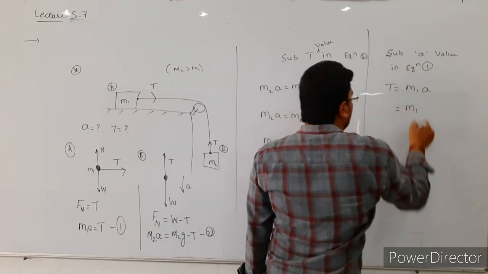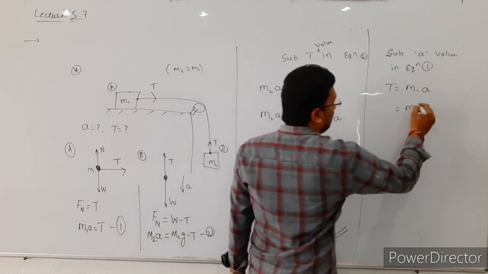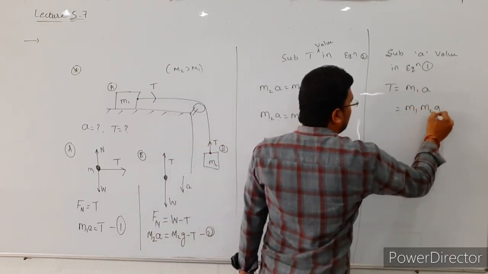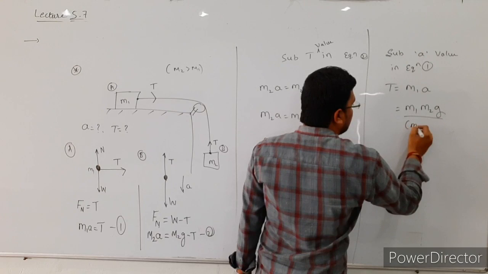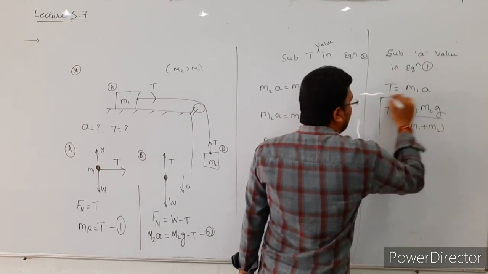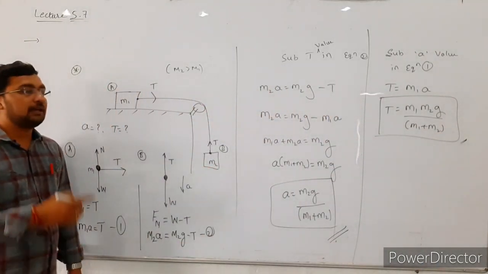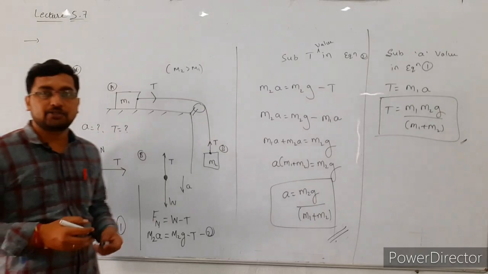Here substitute the a value, that a value is m2 into g divided by the total mass, that is m1 plus m2. So this is the tension developed inside the string. So this is the acceleration of the system, and that is the tension in the string.